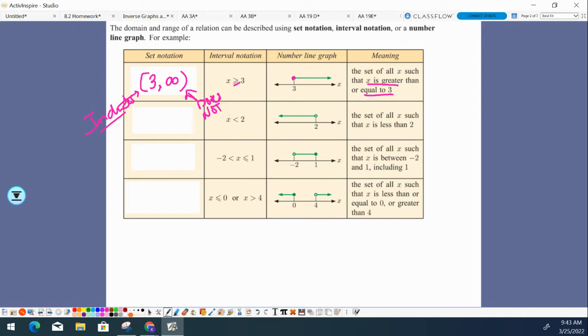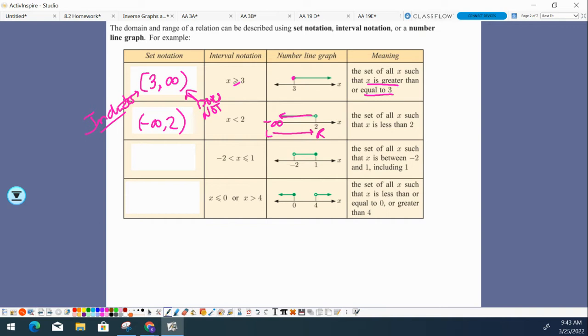All right, so like in the second example, where it's just less than 2, what are all the values less than 2, but not including 2? Well, think about what's all the way to the left here. That's negative infinity. So I'd start at negative infinity, because that's the furthest on the left, all the way up to the right side, which is positive 2, and it doesn't include positive 2, so I'd also use a parenthesis.